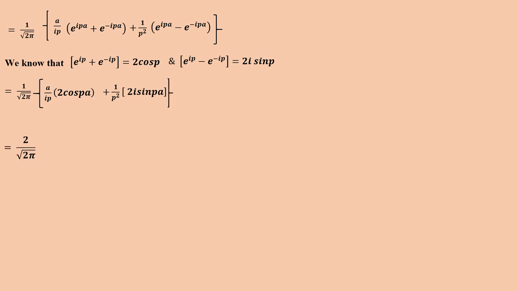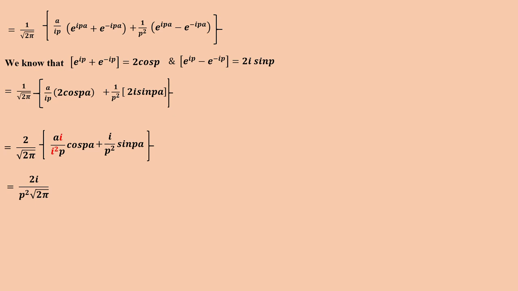Taking 2 outside, 2 by root 2 pi. Multiplying i in numerator and i in denominator, we get a i by i into i square p cos p a, plus 1 by p square, taking i outside, i by p square sin p a. So taking i outside, 2i by p square root 2 pi with the common denominator p square.